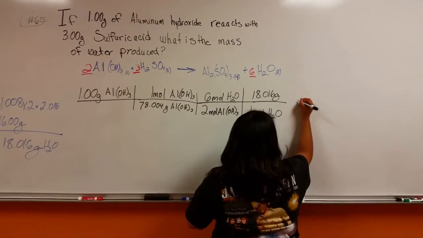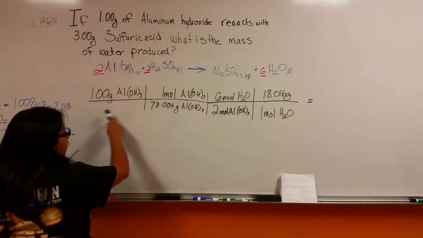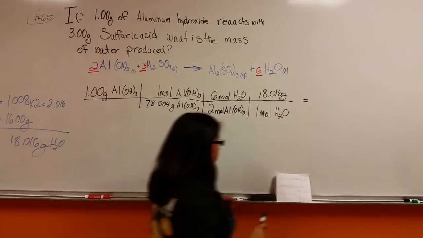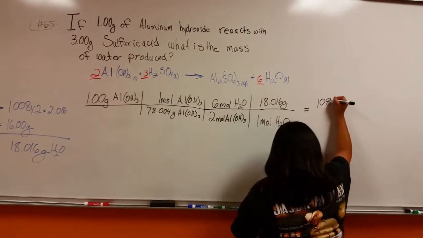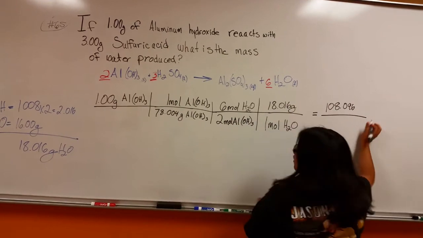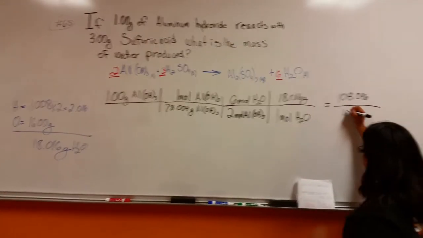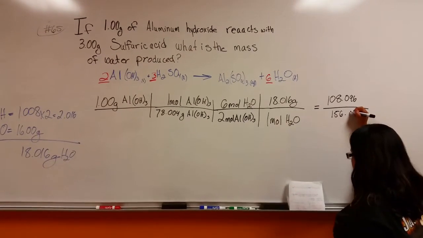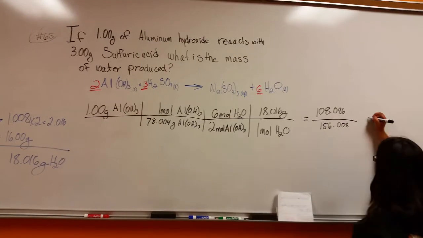All right. So then we just treat the top like a multiplication equation. And you are going to get this nice, awesome number of 108.096. Do the same thing to the bottom. Once you multiply that out, you get 156.008. Divide it.